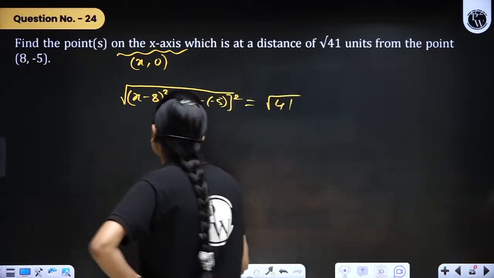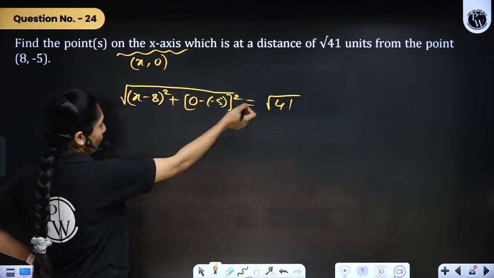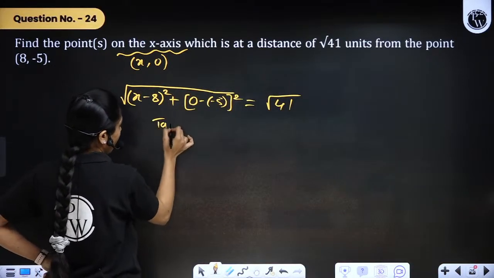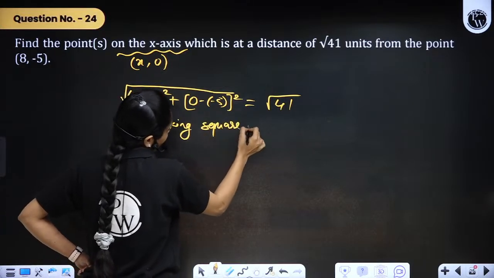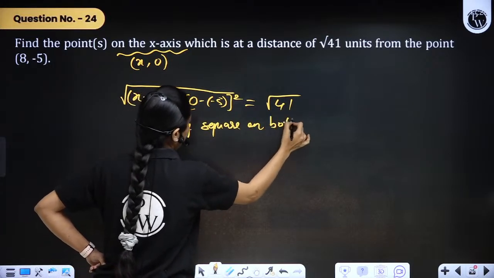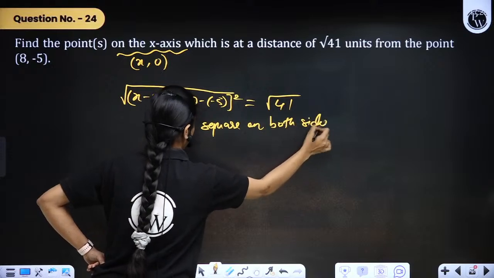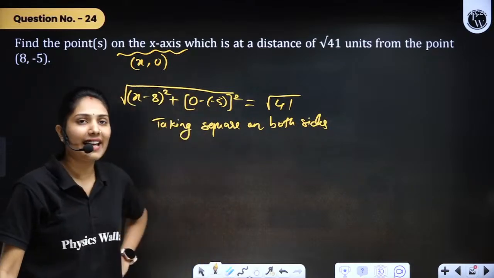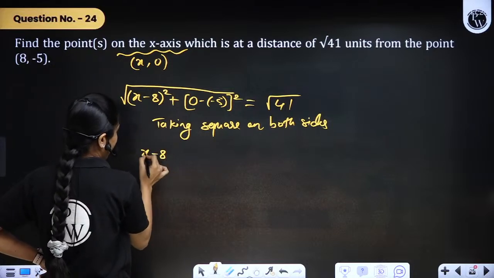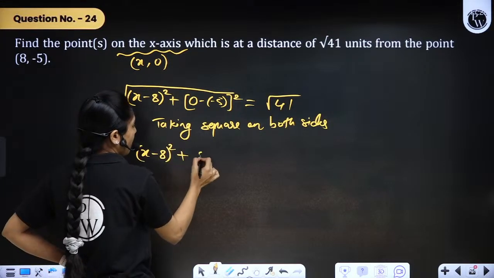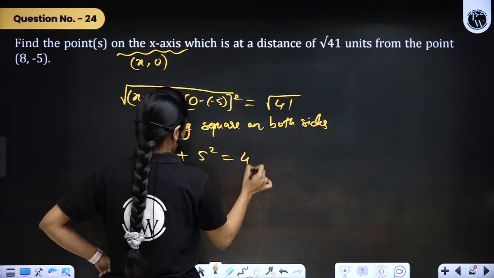Okay. So here it is root, and the root will get cancelled by taking square on both sides. This square root will get cancelled. So what we will be left with is (x minus 8) square plus 5 square is equal to 41.